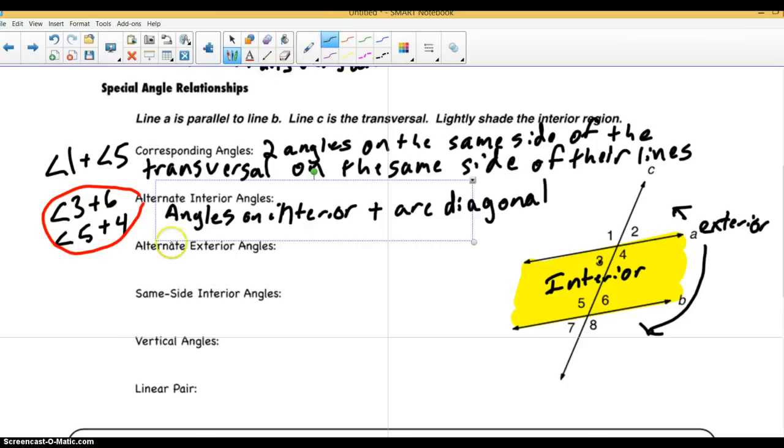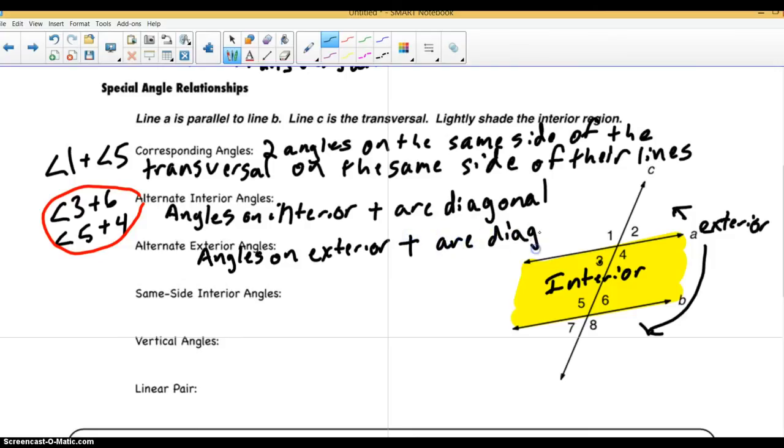Now our next set, alternate exterior angles. Again, alternate means they're going to be diagonal from each other, and exterior means they're on the outside. So we have 8 and 1, and angle 7 and angle 2. Those are our alternate exterior angles. So those are angles on the exterior and are diagonal from each other.